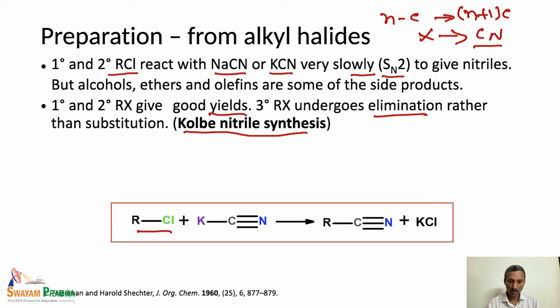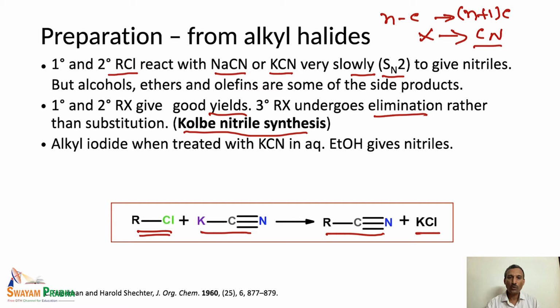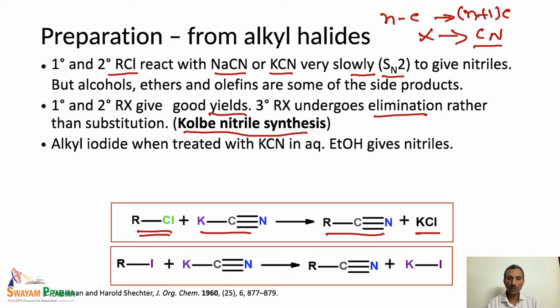So, RCl is our starting material. This RCl is treated with KCN to give R-CN and KCl. Alkyl iodide also can be used. If you use alkyl iodide, then the same reaction leads to the corresponding alkyl cyanide, but here the solvent used is a little different. We can use aqueous ethanol.